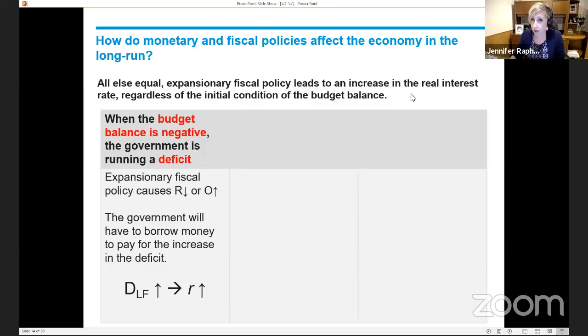policy, all else equal, is going to lead to an increase in the real interest rate. So what that means is when the budget balance is negative, that means that government revenues are less than government outlays, receipts are less than outlays, then the government is running a deficit.